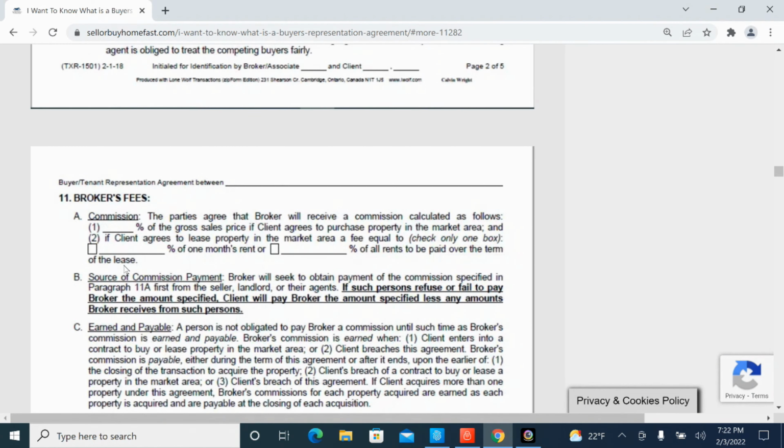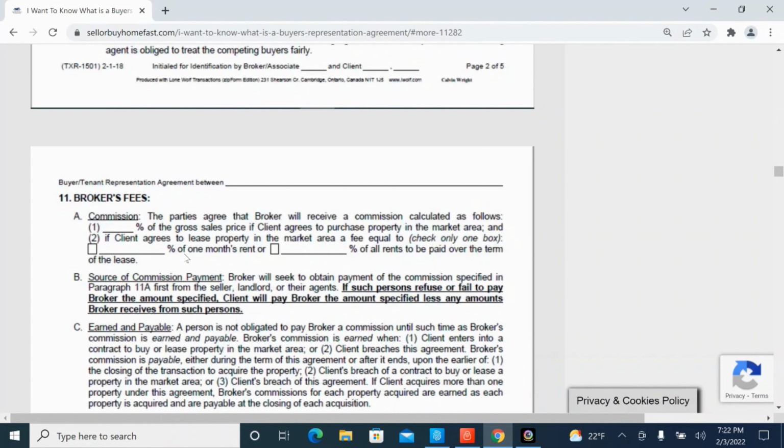Now, how that would happen is the agent has to get paid somehow. So the agent would have to come to you for the 0.5%. So keep this in mind when you're searching for properties, and if you sign a buyer's representation agreement.